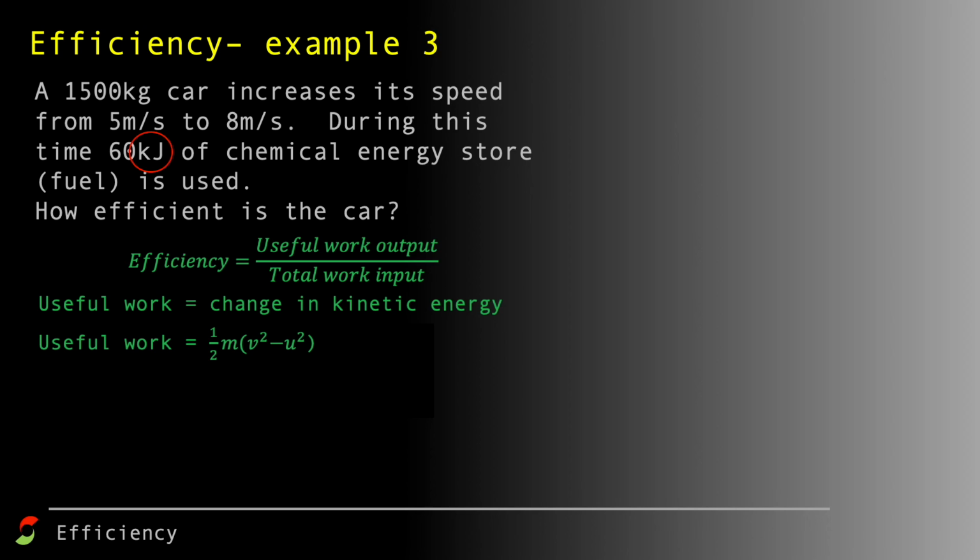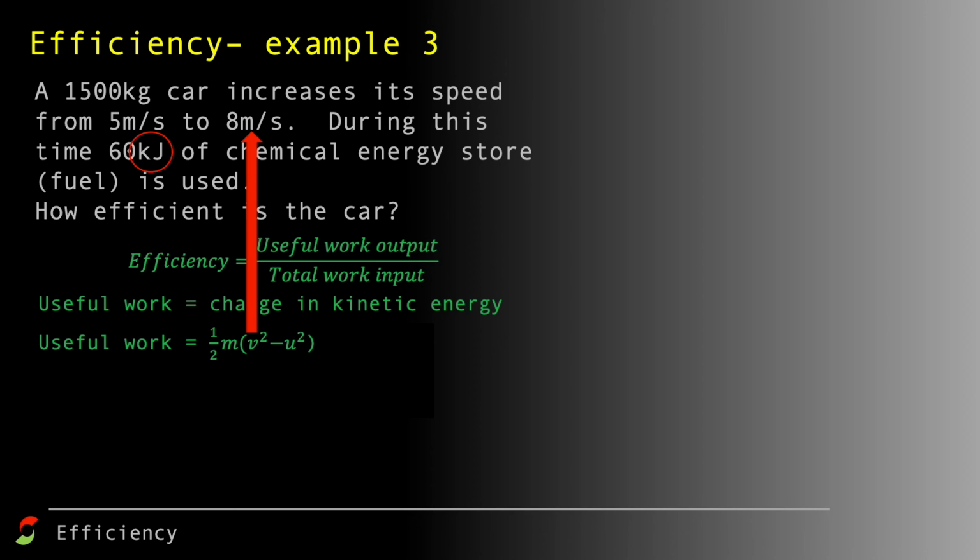So if you're unsure about what that equation means, or it scares you a little bit, check out the video on kinetic energy, just to get you a little bit more confident about using that equation. But I'm assuming at this point that you're quite confident in using that, understand what those terms mean, and can do that calculation with little or no hand holding.